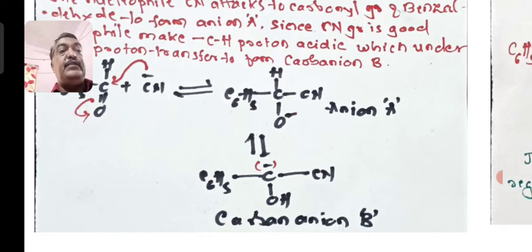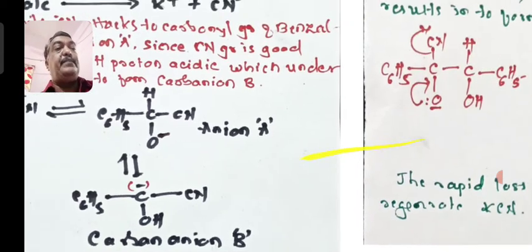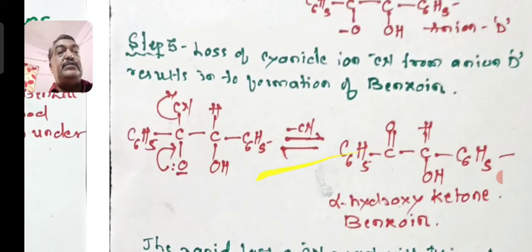So the proton shift within the molecule takes place. The H of the C6H5CHOH O minus will shift its electron, making carbanion B. So this is the first step.